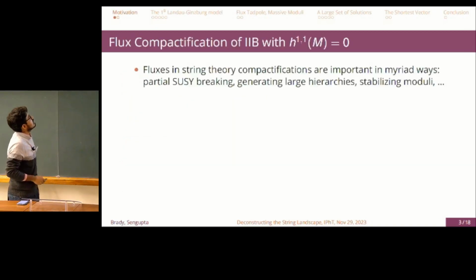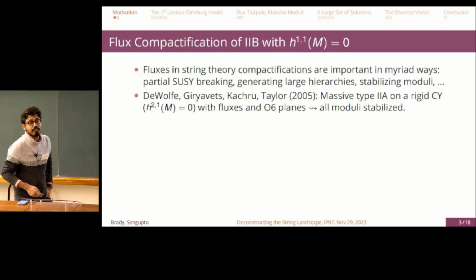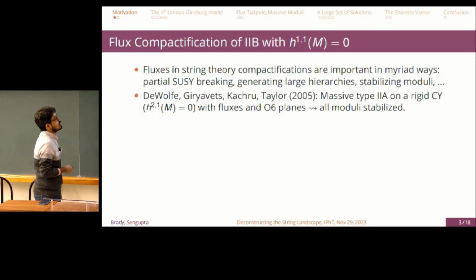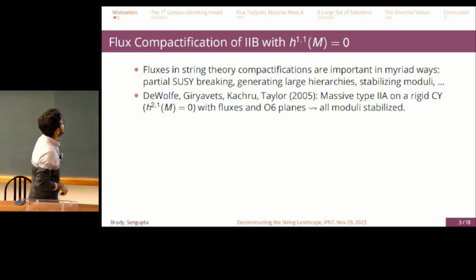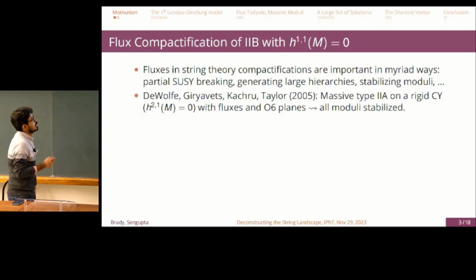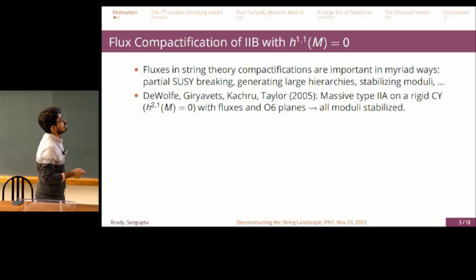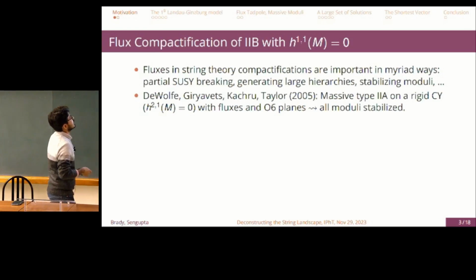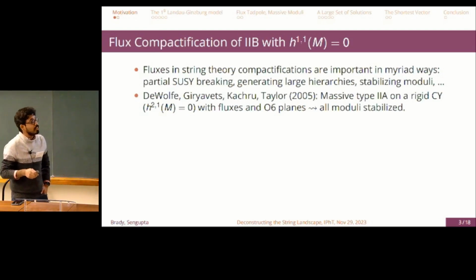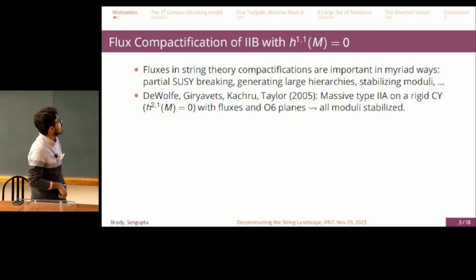Okay, so fluxes in string theory compactifications are important for many different reasons. The particular aspect of flux compactifications of type 2B that we are interested in is stabilizing moduli. So in DGKT back in 2005, it was shown that in massive type 2A, on a rigid Calabi-Yau, which has no complex structure moduli, fluxes and orientifold 6 planes, they can stabilize all of the moduli.